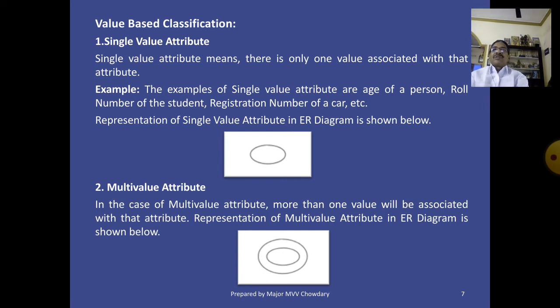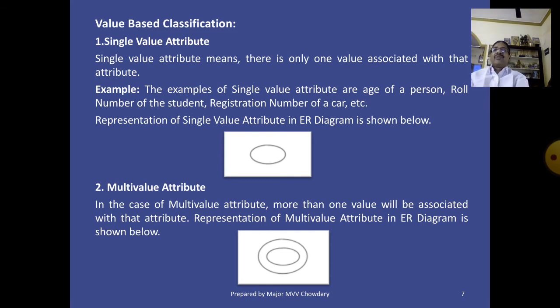Other examples of single value attributes are the age of a person, the roll number of a student, the registration number of a car. We can represent single value attributes with an ellipse.